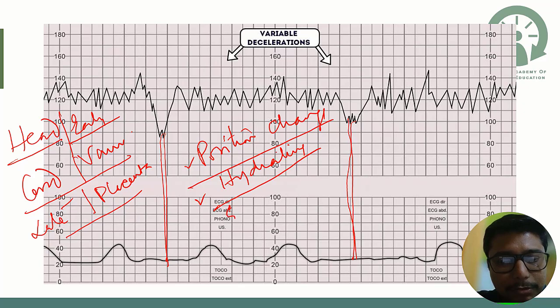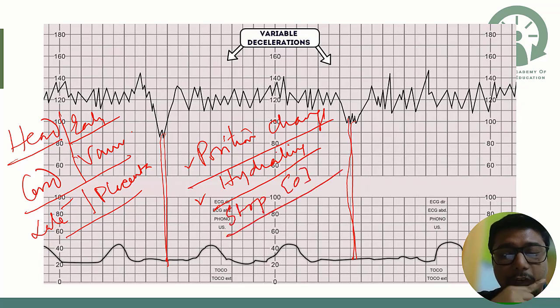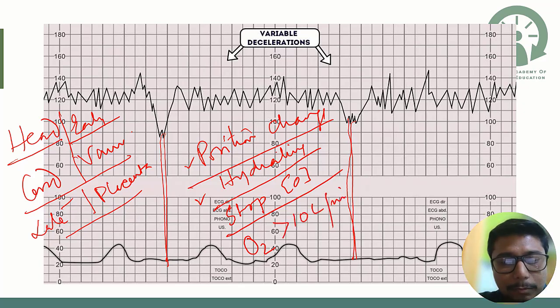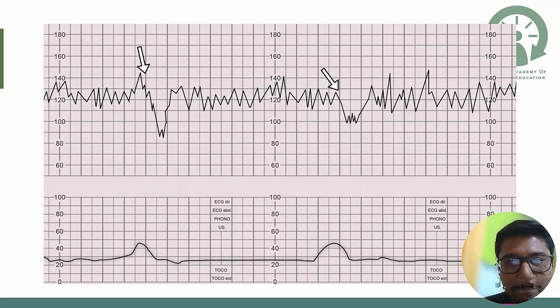We stop oxytocin or any other augmentation that is going on, because the cord is getting compressed between the uterine wall and the fetus, so we reduce the contractions. And give high flow oxygen, at least more than 10 liters per minute, high flow moist oxygen to the mother to improve the oxygenation level to the baby for preventing hypoxia.